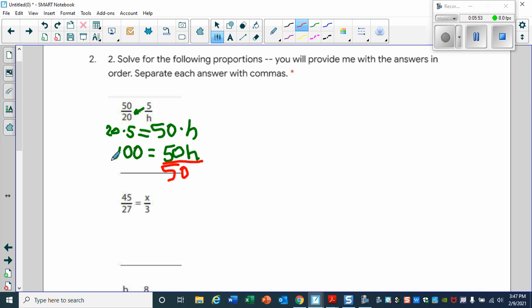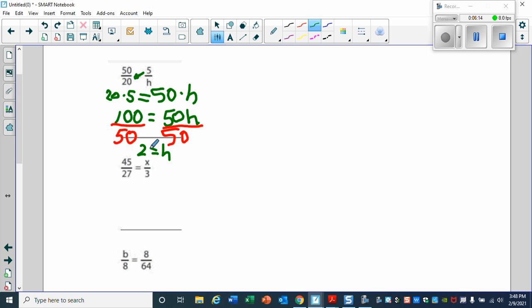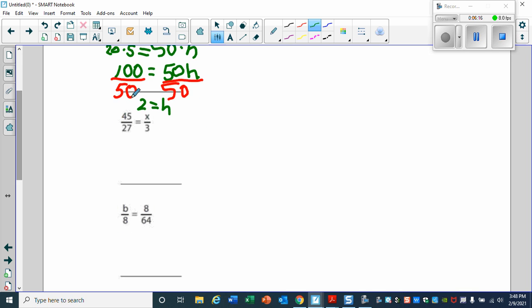Well, think about it like this. You have a full dollar. You split it into two. How many half dollars gives you a full dollar? And well, Mr. Counter sort of gave you that answer. 2 equals h, or h equals 2. And then do the same thing for the other 3 problems.